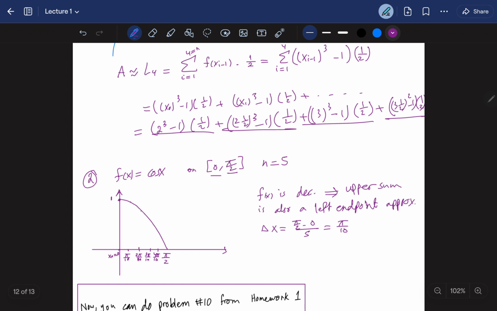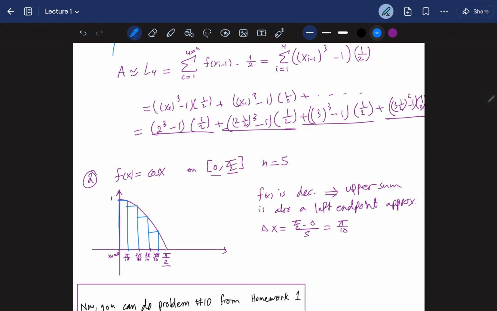So here 5 pi over 10 is just pi over 2. We're doing a left endpoint approximation, so you just take vertical lines off the endpoint to create your rectangles, and then you just connect to get the rectangles.